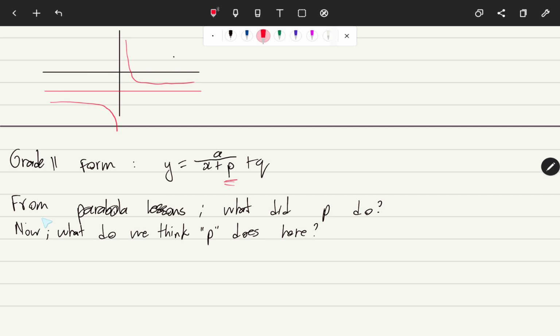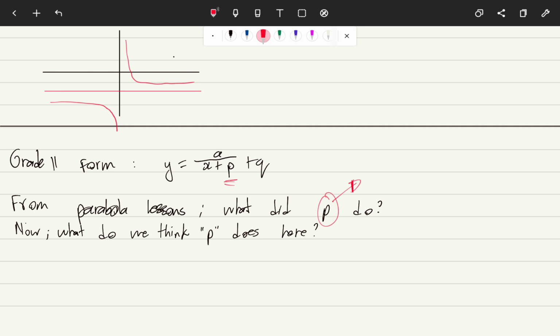Let me see from parabola lessons. What did p do? Remember from parabola, what did p do actually? Let's think about it. What did we know p to be responsible for?